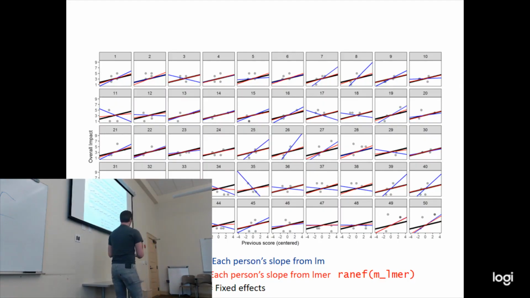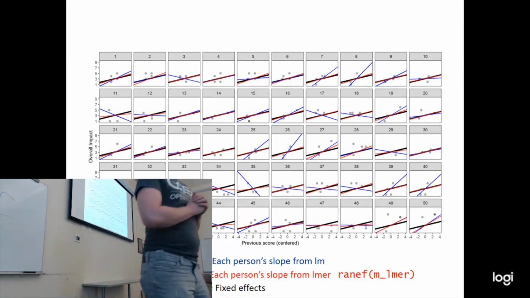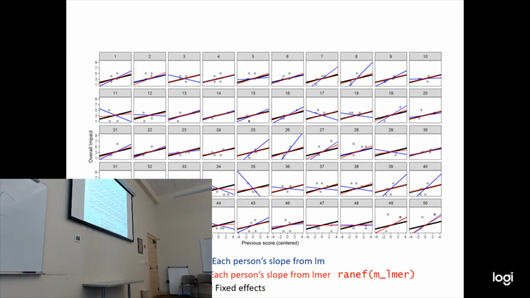So what do you notice about the relationship between the blue lines, the red lines, the black lines? The black and red lines are more aligned. We're seeing the same thing that we saw in the previous graph. It's almost as if each of these slopes was shrunk towards the black line. It moved closer to the black line.